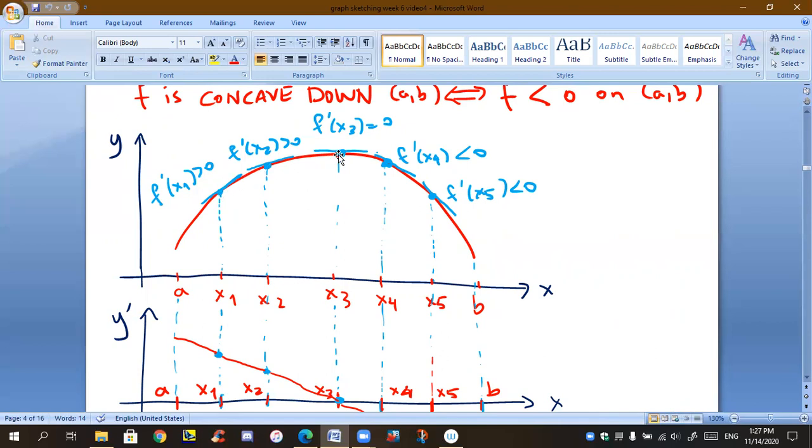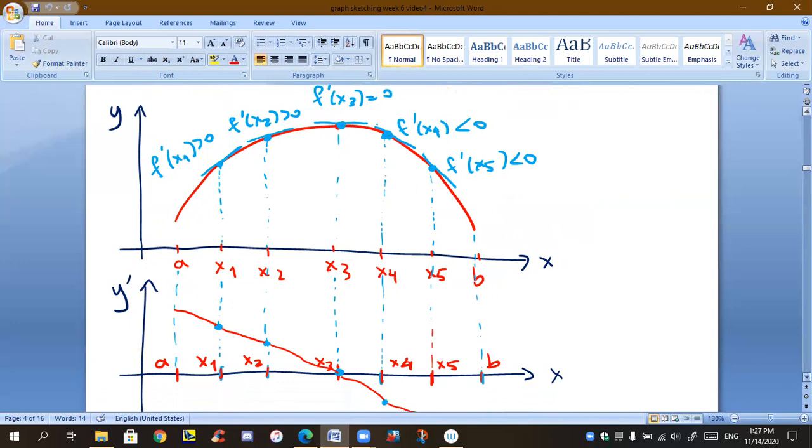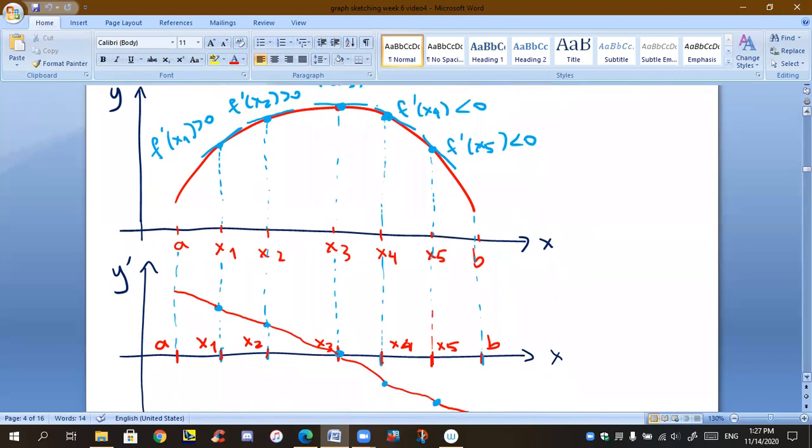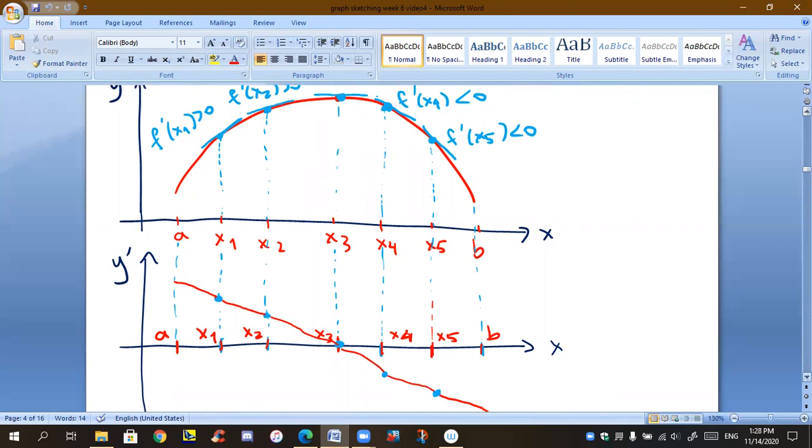At x3, the slope must be 0 because it's a horizontal tangent line. At x4, it must be a negative slope tangent line. At x5, also negative, but more negative than the previous one. So if we look at the graph of f prime, it starts positive at x1, then gets less positive, 0 at x3, negative at x4, more negative at x5.